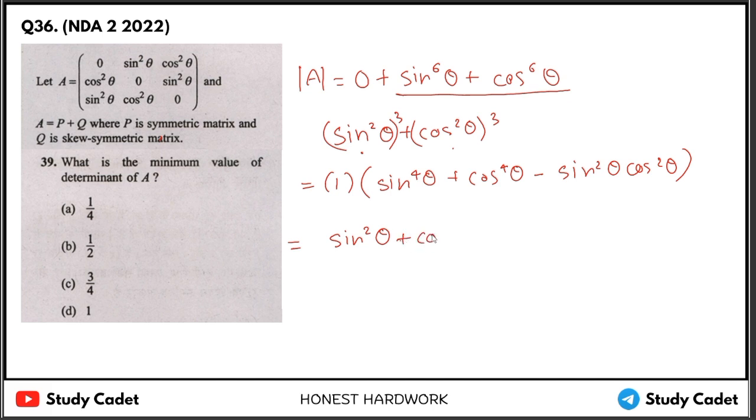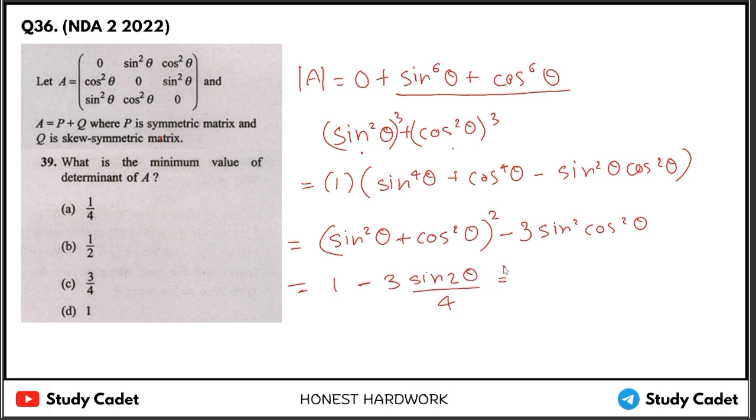Okay, plus cos²θ squared minus 3 sin²θ cos²θ. So it is 1 minus 3 sin²θ cos²θ. We can say it as sin²2θ upon 4, right?